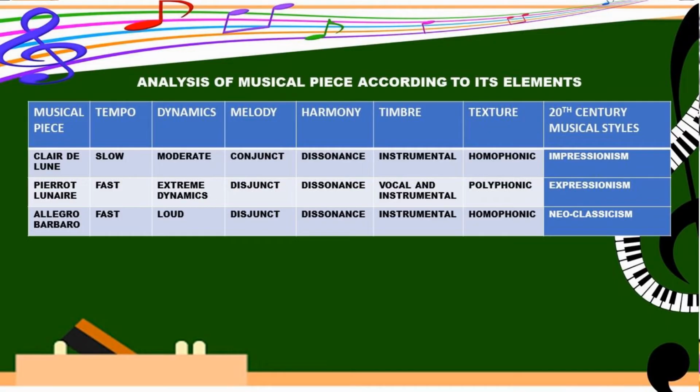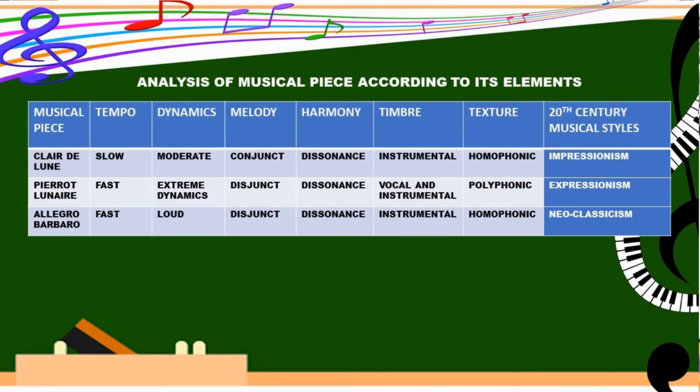Let us analyze the following elements of music present in Allegro Barbaro. The musical piece is Allegro Barbaro. The tempo of that particular piece is fast, and the dynamics used is loud. So as you listen to the melody used in Allegro Barbaro, it is disjunct.